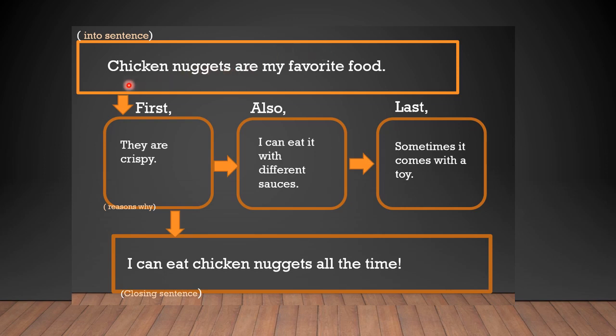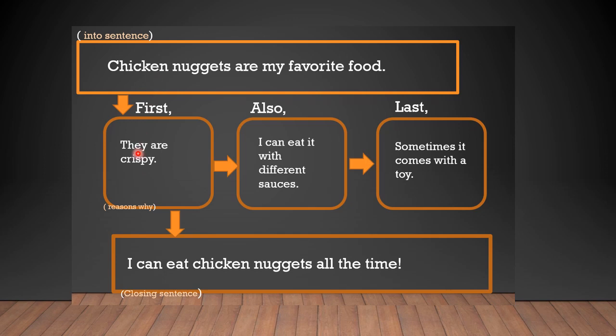Then I just follow the arrow here from the top. I come down to the middle portions. And the middle portions have transition words: first, also, and last. And these words go in front of every sentence so that it has a nice flow from beginning to end of my reasons why. So all of these sentences here in the middle are all my reasons why I like chicken nuggets.